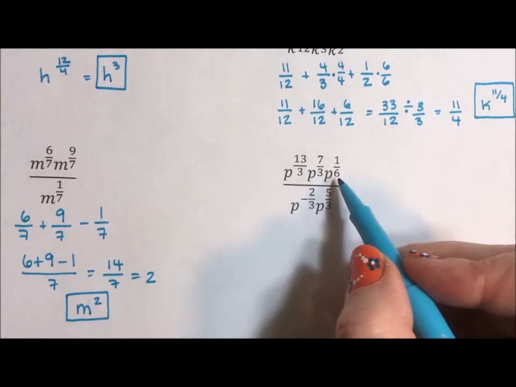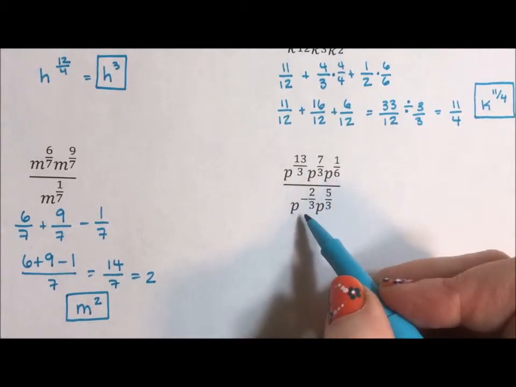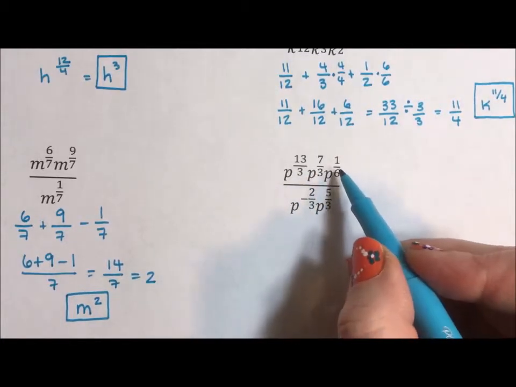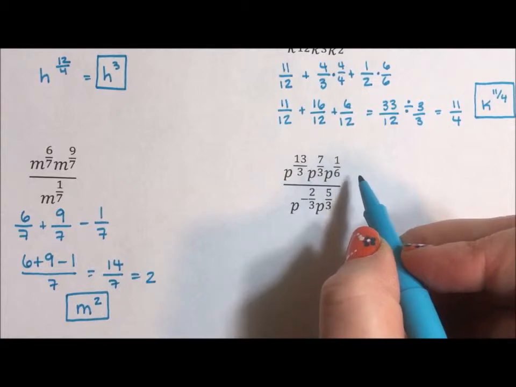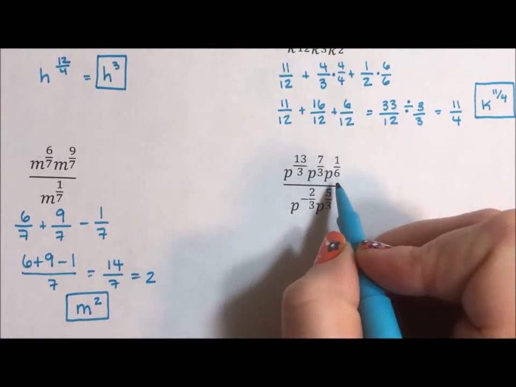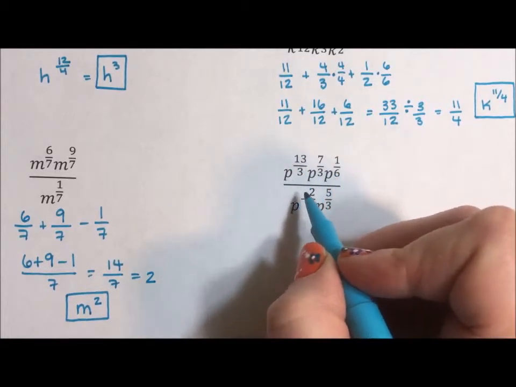Okay, this one has a lot going on. I have 3 bases in the numerator, I have 2 in the denominator, and I have this one fraction that's a little bit different. Okay, so let's see what's going on. Let's start by combining the numerator.